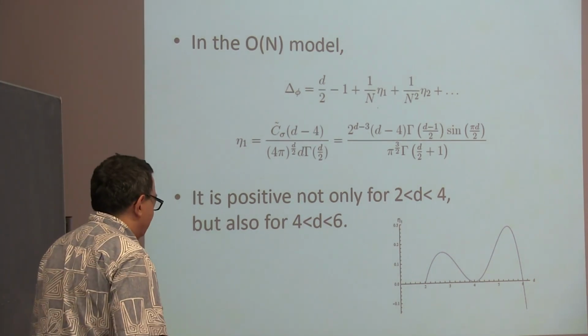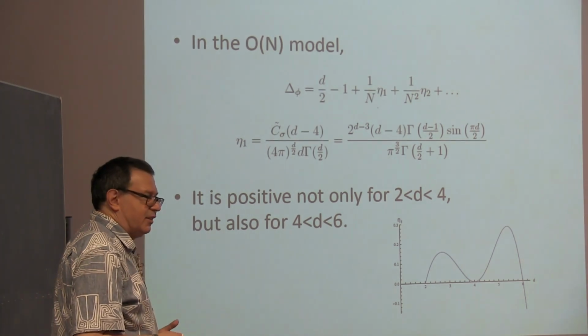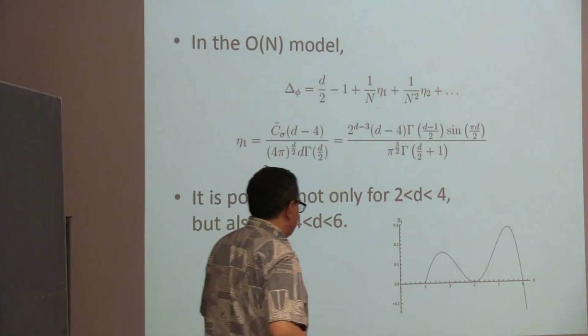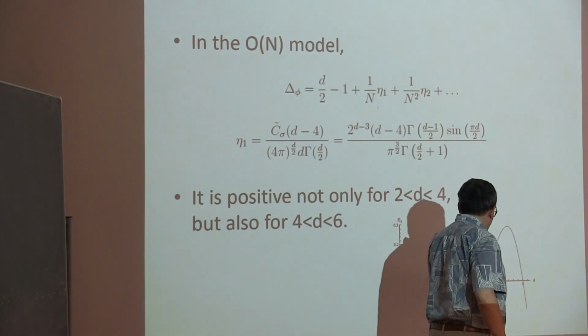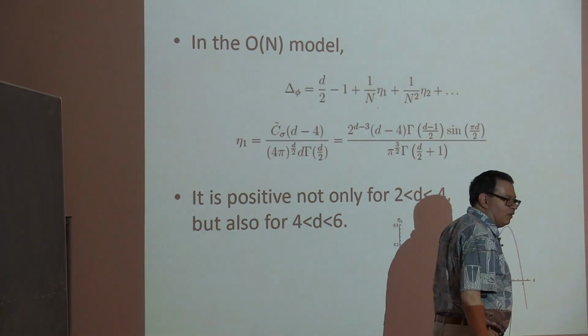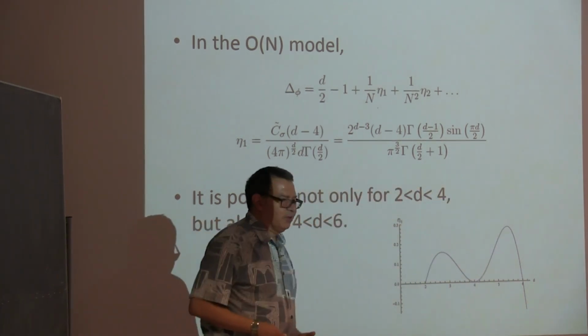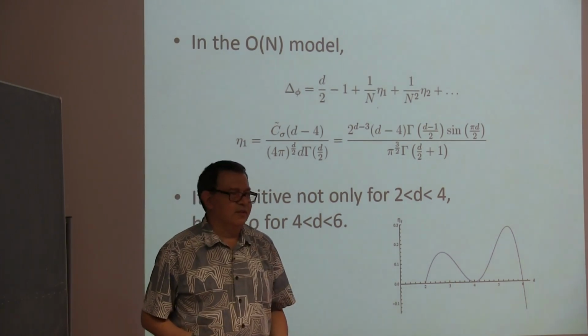And you see where could possibly do we have a nice theory, okay? The motivation is that in this range between 4 and 6, this is positive. So the theory looks okay.